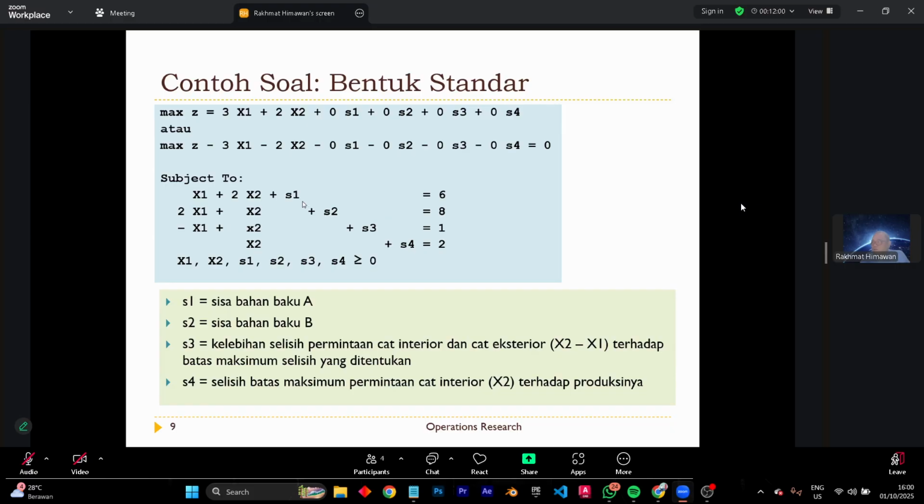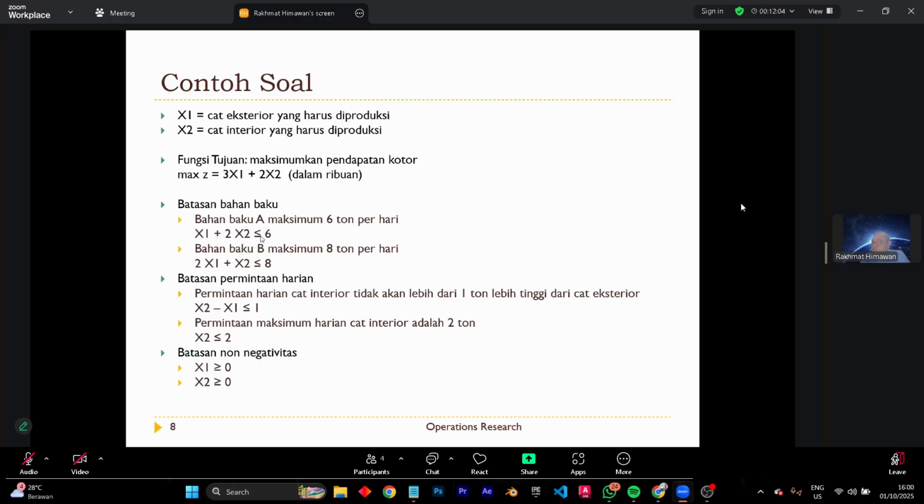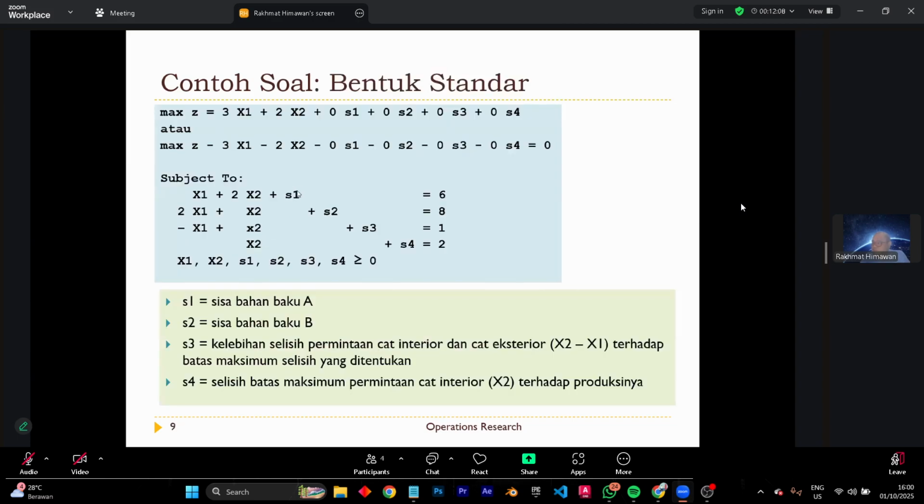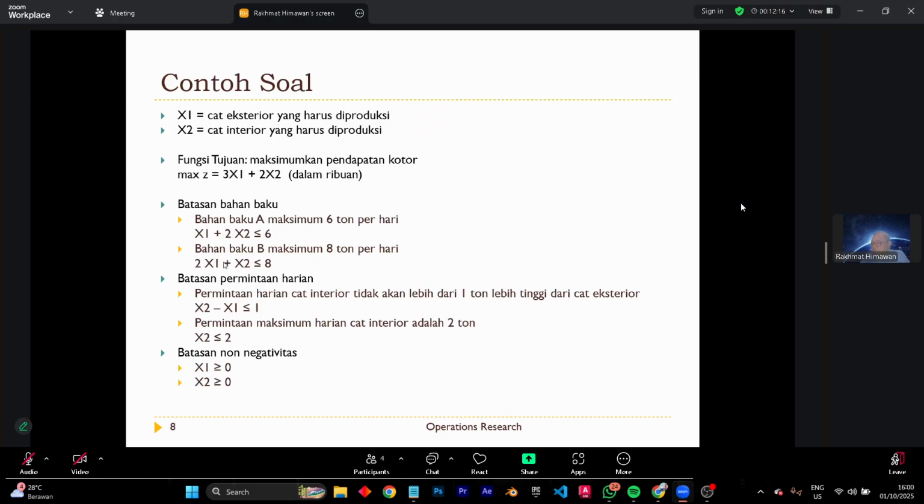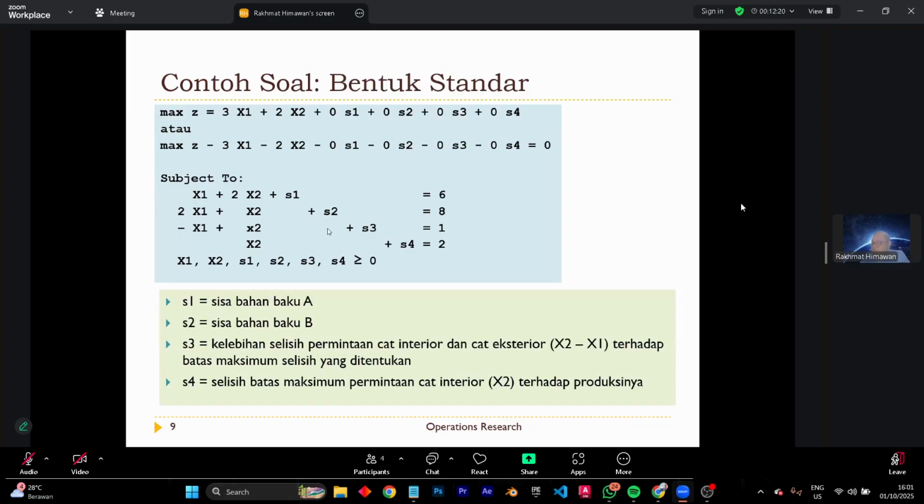S1, because of the first constraint, is related to the availability of raw material. That means S1 is what's left of raw material A. S2 is also related to raw material B. That means S2 is what's left of raw material B.